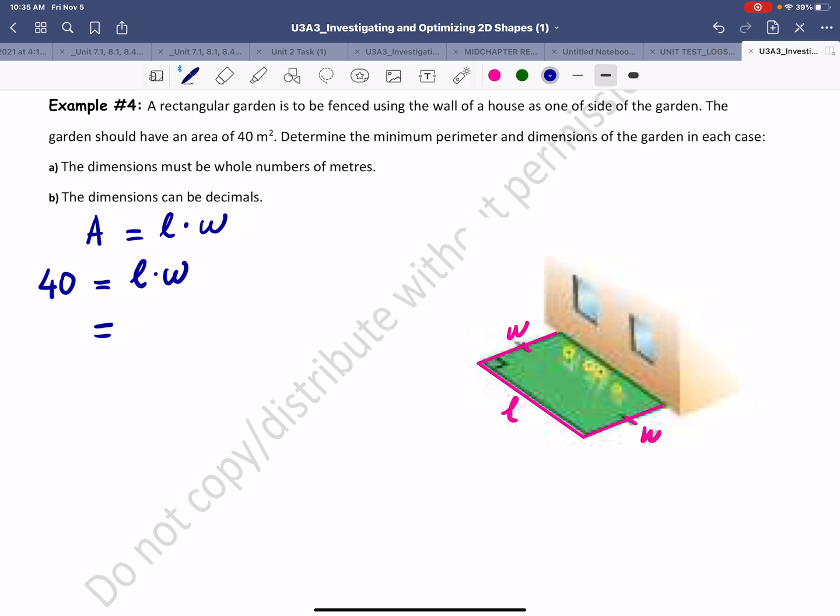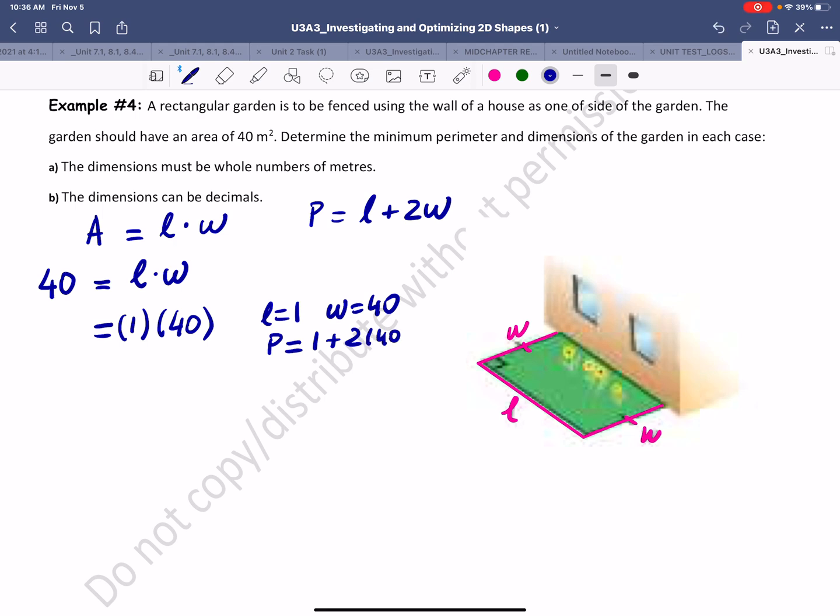So 40 can be given as a product of 1 times 40, which means that the length will be 1, the width will be 40, and that will make the perimeter equal to, remember, the perimeter is length plus 2w in this case, right? So 1 plus 2w would be 1 plus 2 times 40, which makes the perimeter 81.